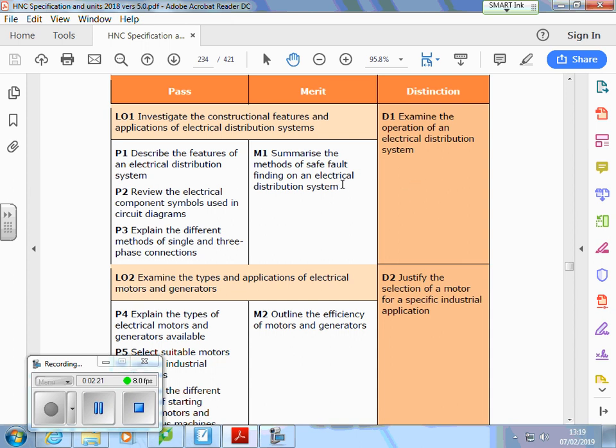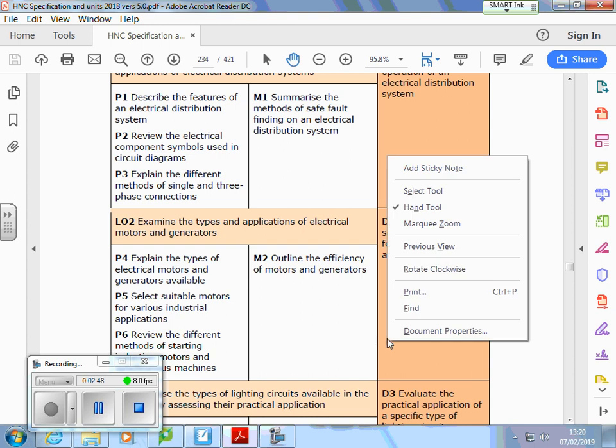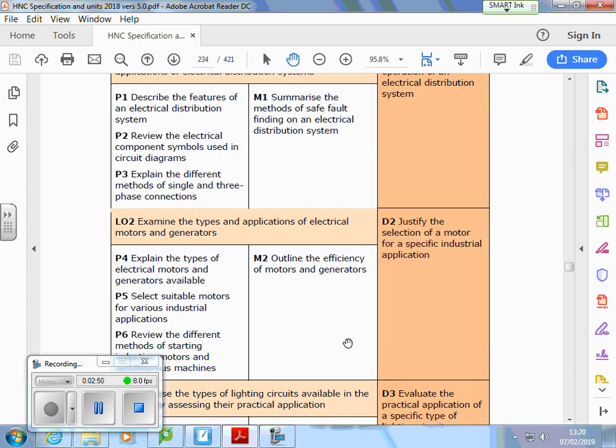You've got to get all the passes to get a merit for that assignment, and all the passes and a merit and a distinction to get the distinction grade for that assignment. Then you've got to get all the merits to get an overall merit, and all the distinctions to get an overall distinction, and so on. So you're all familiar with that.